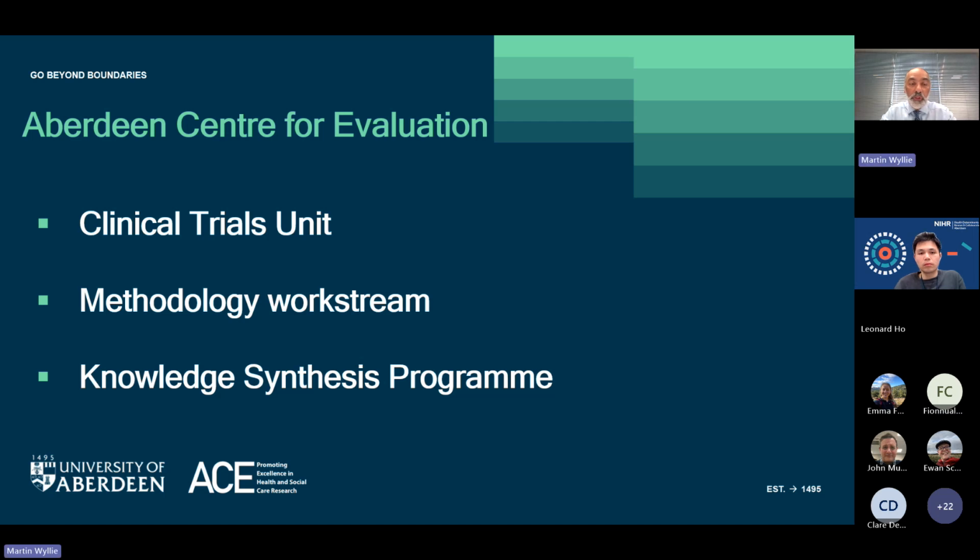In the knowledge synthesis programme, we essentially produce a range of reviews, mostly clinical, but they're moving into social care increasingly. We're also the NIHR Evidence Synthesis Group, which is part of a new 5-year program to find evidence to support health, public health, and social care.